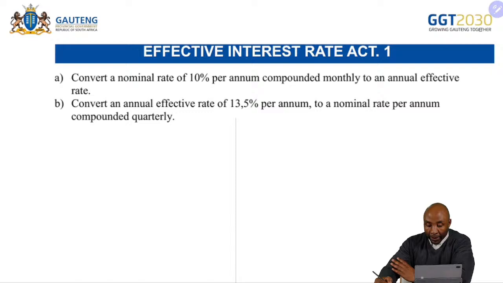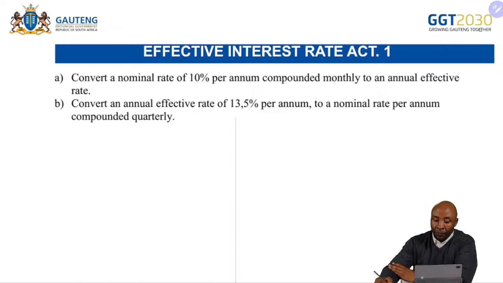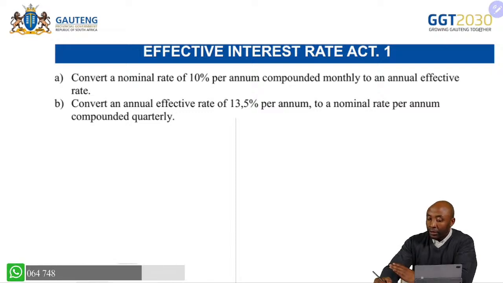Okay, welcome back. I hope you were able to get the solutions there. For A, we are converting a nominal interest rate of 10% per annum compounded monthly to an annual effective rate.